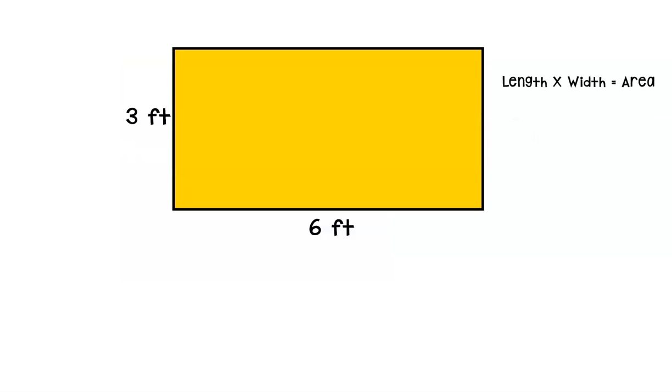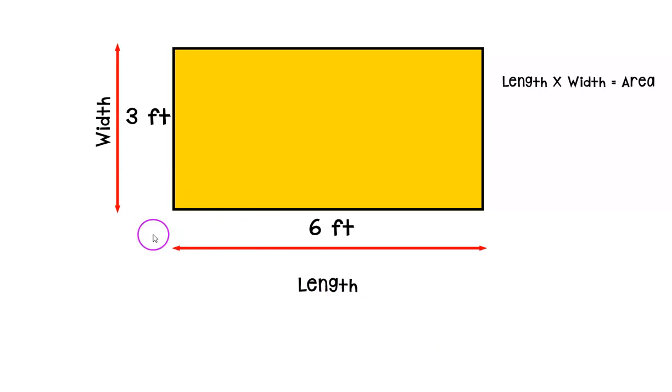Let's try another one. So looking at this rectangle, the different lengths of the sides are 6 feet and 3 feet. Now remember, the formula to figure out area is length times width. So this side is the length, the 6 feet side, and then the 3 foot side is the width.